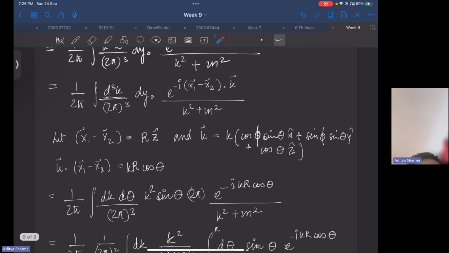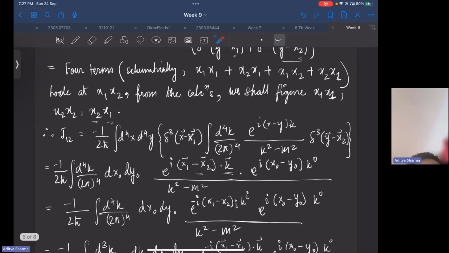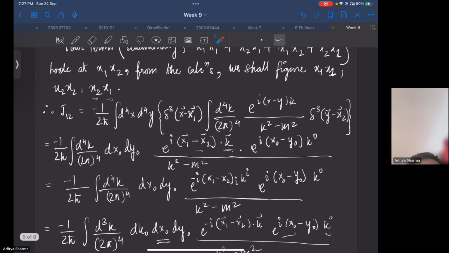X2 minus x1 is r times z cap, and L is going to be the difference. So it will be r times the difference.